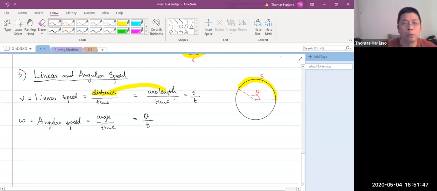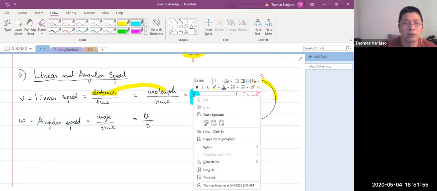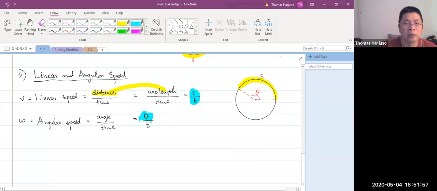Now, you need to memorize these formulas. Omega equals theta over t, and linear speed v is distance over t.